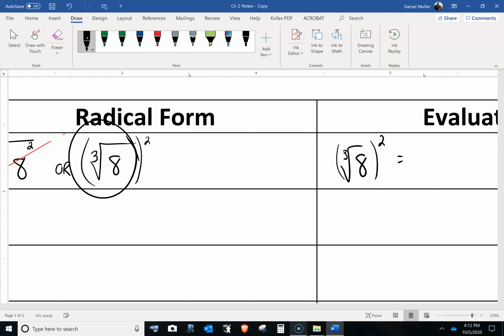The cube root of 8 is going to be 2, if you make your little tree, which I'll do with you here, but I'm just going to erase it. 4 times 2, and then another 2 times 2, and bring that 2 down, and there's a triple, which is what I want, and it's only a 2. So the cube root of 8, which you should have memorized now. What number times itself gets you 8? Well, the answer is 2. So cube root of 8 is 2, and then I square it to get 4.